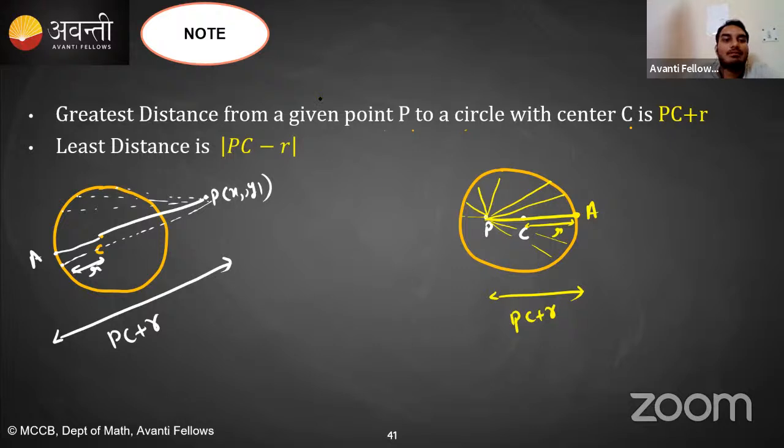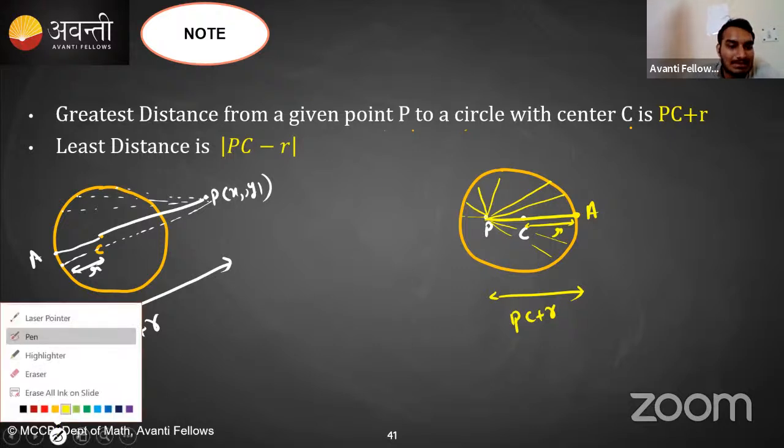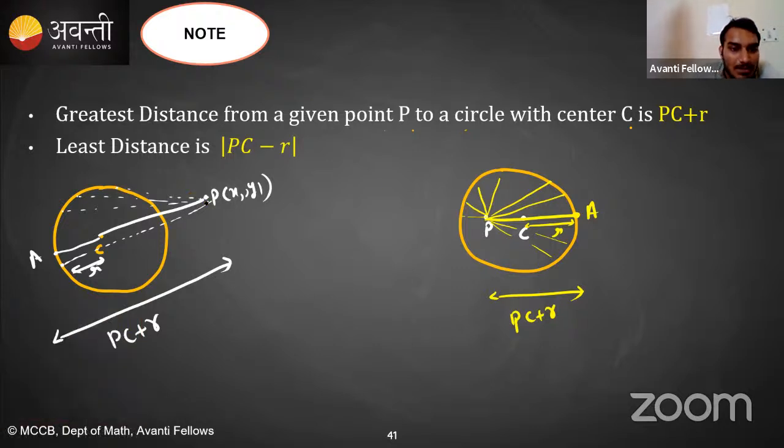Is this clear, everyone? And exactly the same way, what will be the minimum distance? Minimum distance is this only. Let's say this is point B. This is the minimum distance. And what is this? This is nothing but PC minus R, right?